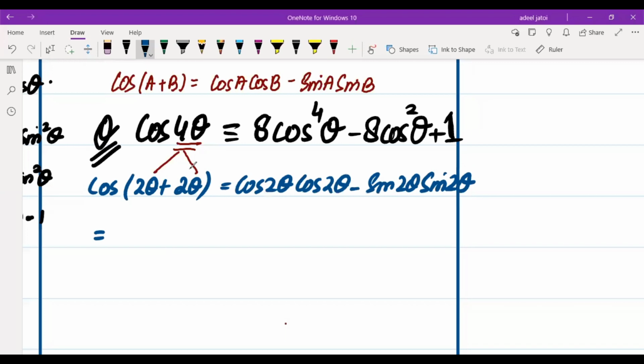Knowing the fact that cos 4 theta can be written as cos square 2 theta minus sin square 2 theta.